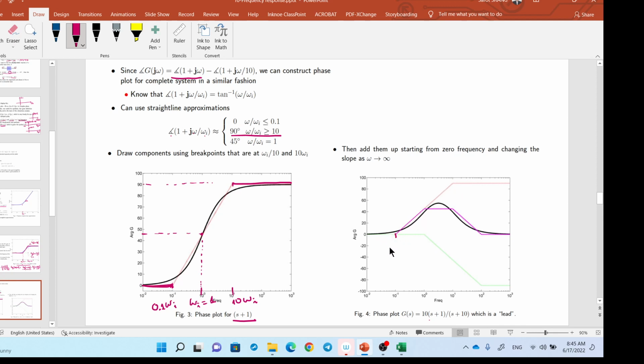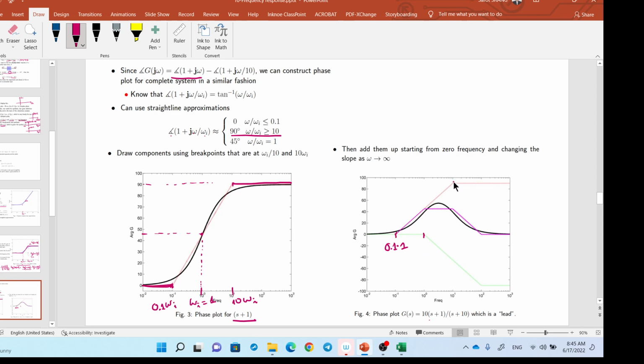And so here is 0.1 of omega I equal to 1, so 0.1 here, and here for omega I equal to 10, then 0.1 of 10 is 1, right?